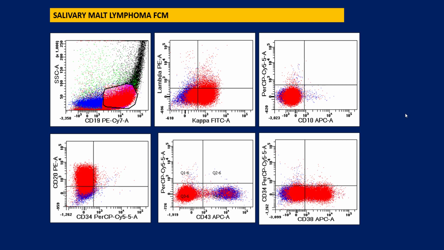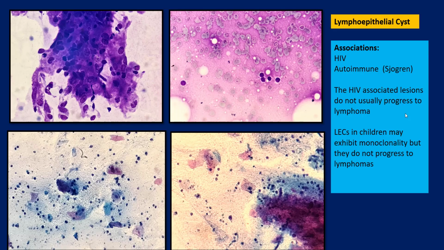It is better to run that because sometimes even a reactive lymph node can show monoclonality. Okay, so people have made mistakes. One has to be very, very careful. Flow cytometry can come to your rescue and guide you to the correct diagnosis. Very important. So if there is one part where I would like to do flow cytometry in fine needle aspiration cytology, this is exactly where it is going to be.